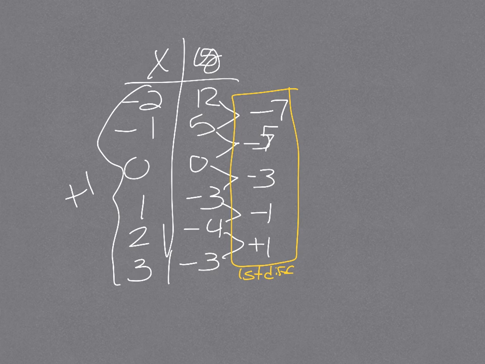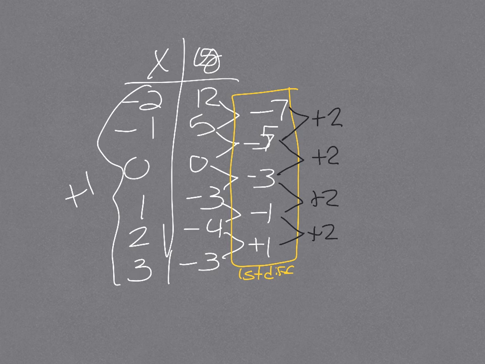So let's look at what we're doing between -7 and -5. We added 2. -5 to -3, we added 2, added 2, added 2.